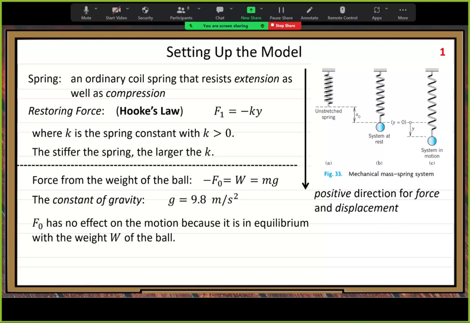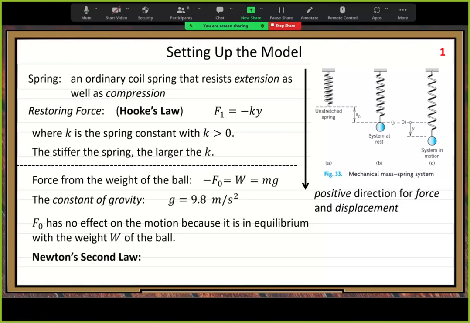So no effect on motion, because it is in equilibrium with the weight W of the ball. From beginning to end, there is no change, no force change. So it's just like nothing. No effect. So that's this F0.